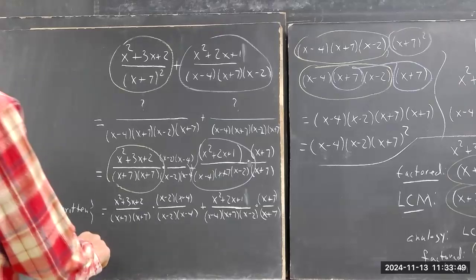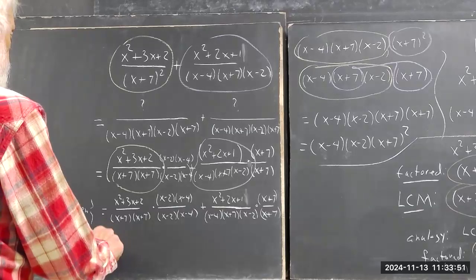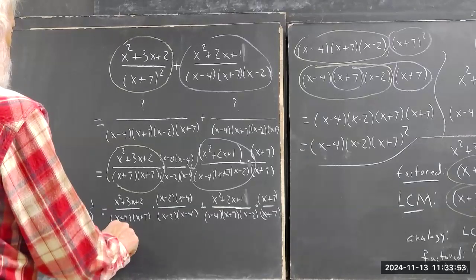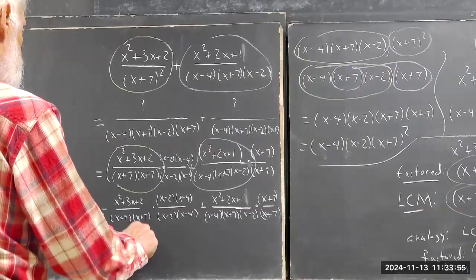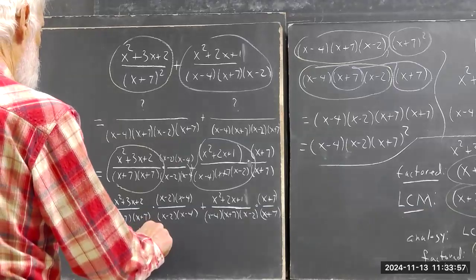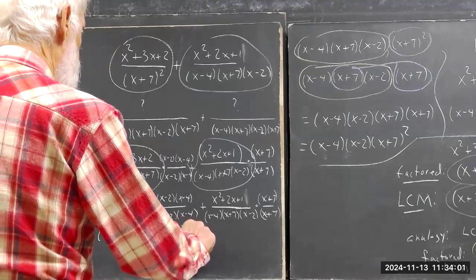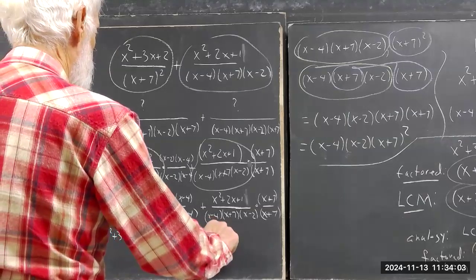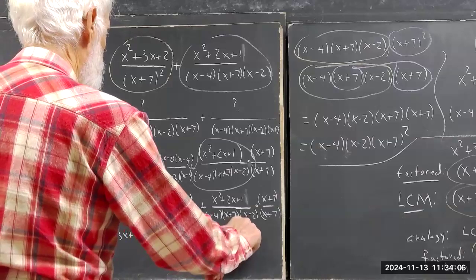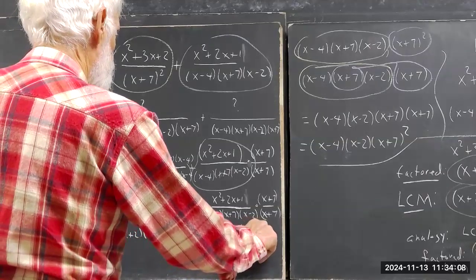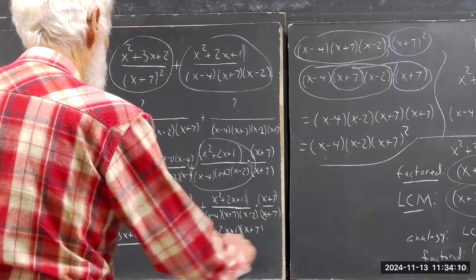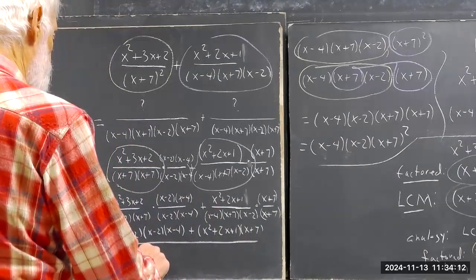And of course, then that equals x squared plus 3x plus 2 multiplied by x minus 2 times x minus 4, plus x squared plus 2x plus 1 multiplied by x plus 7, all over the same denominator.